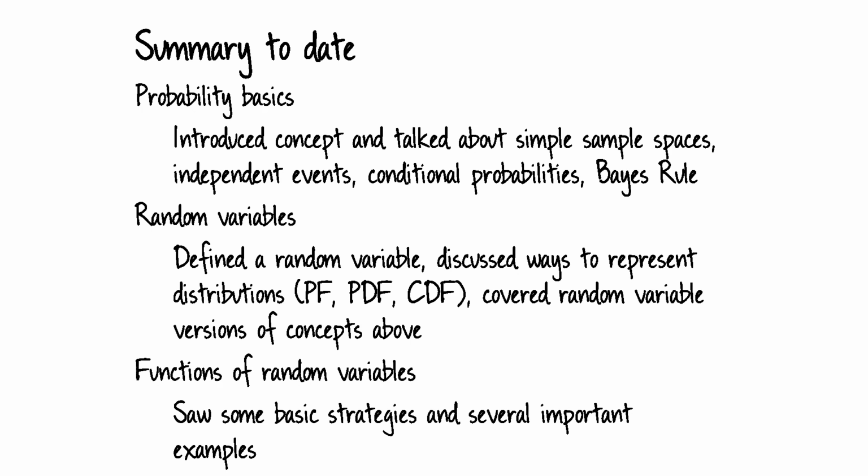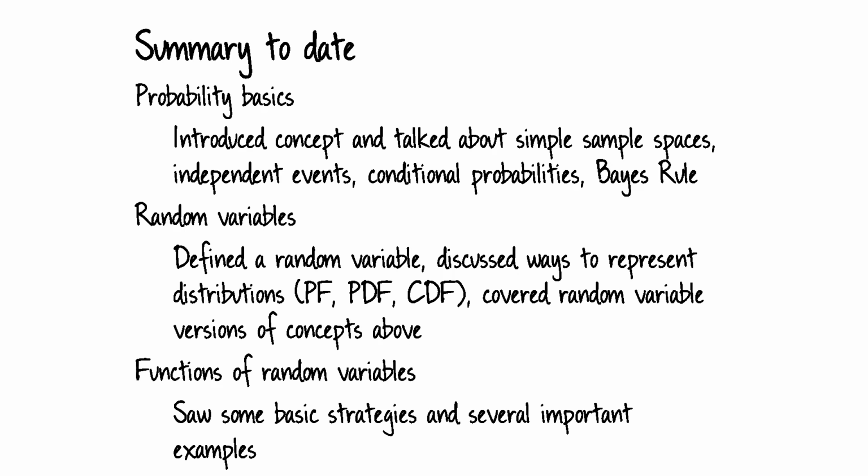So we started out this semester with some probability basics. We introduced the concept of probability and talked about simple sample spaces, independent events, conditional probabilities, and Bayes' rule. In some sense, that was the foundation for going on and studying probability with the mathematical construct of the random variable.